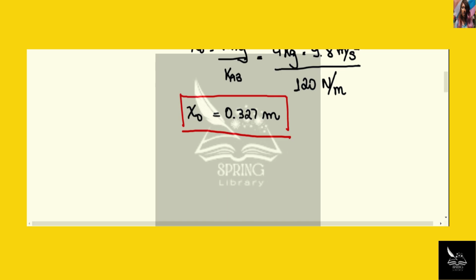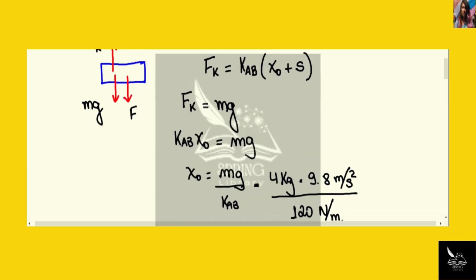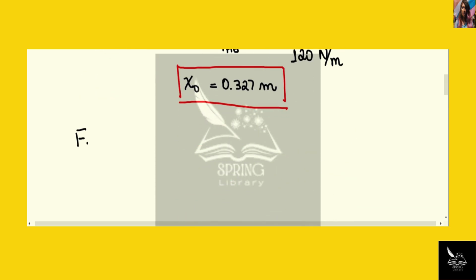So basically what we have is that Fk is equal to Kab, the stiffness, times 0.327 meters plus s.